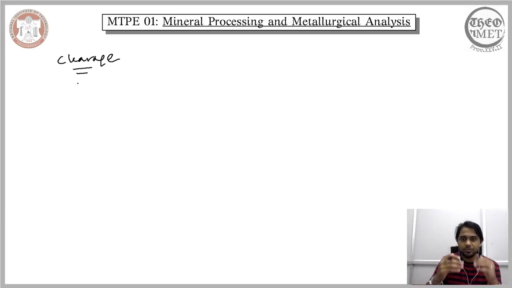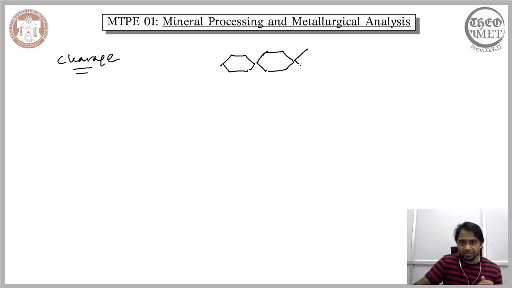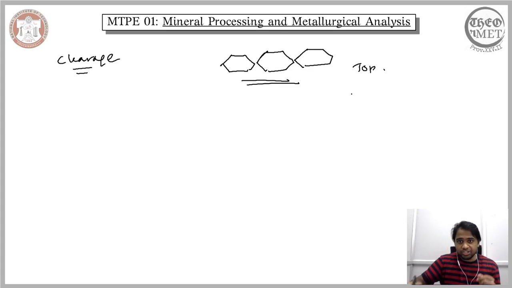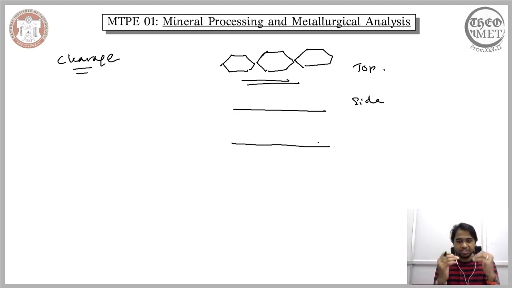Suppose you view the regular arrangement of the entities in the form of layers. This is one way of viewing the arrangement of the entities in a material. Let's assume that this is the top view. Now if you consider the same regular arrangement in the side view, what you would observe is the arrangement of the ions in this manner: a layer by layer arrangement of the entities.